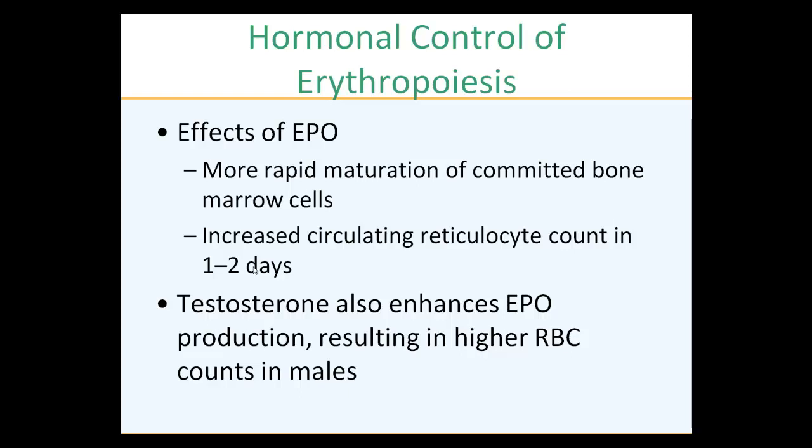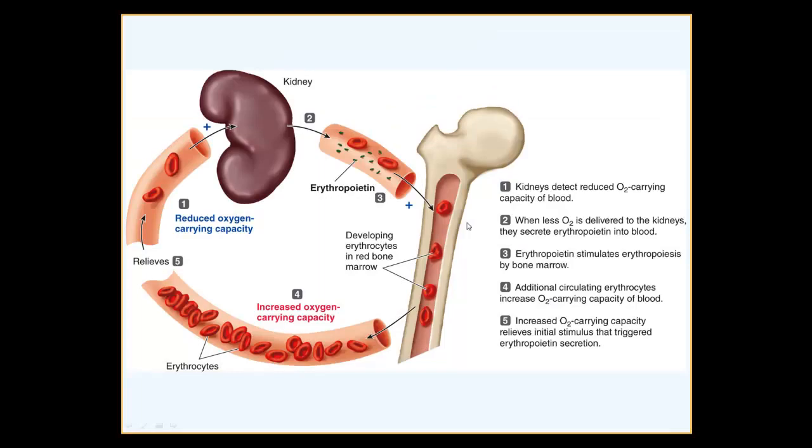The testosterone also, as we mentioned earlier in this presentation, directly increases erythropoietin production, and that's one of the reasons we have a slightly higher RBC count in males, and that contributes to the earlier values we discussed of the males having a higher hematocrit value than that in the females.